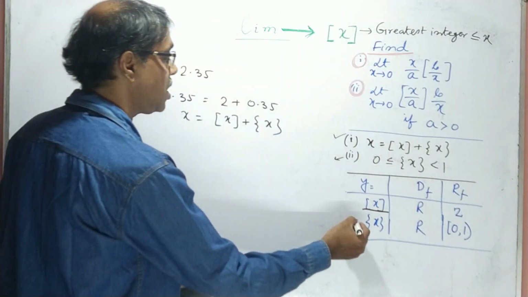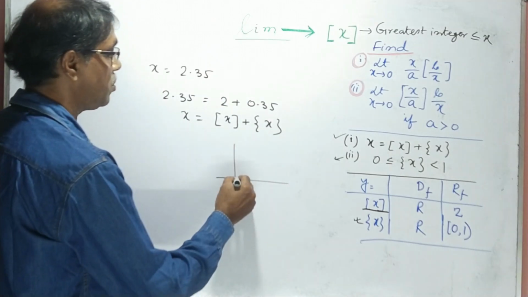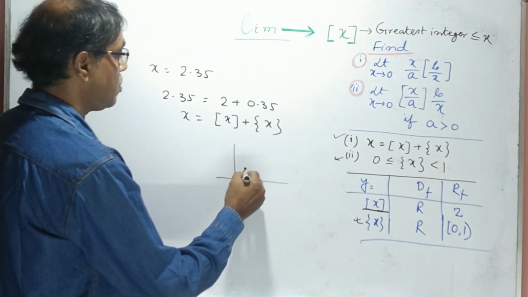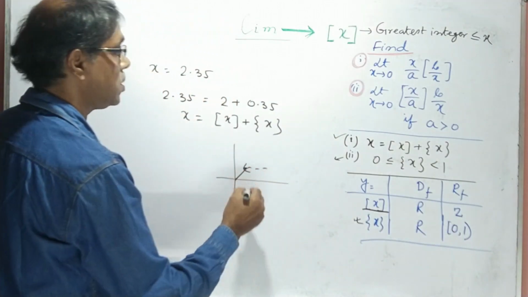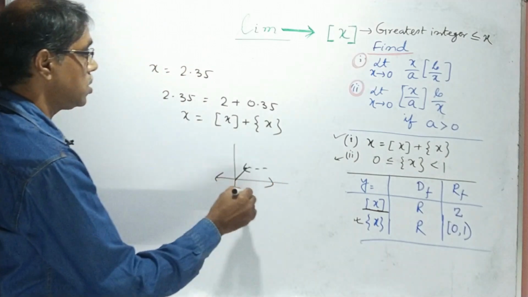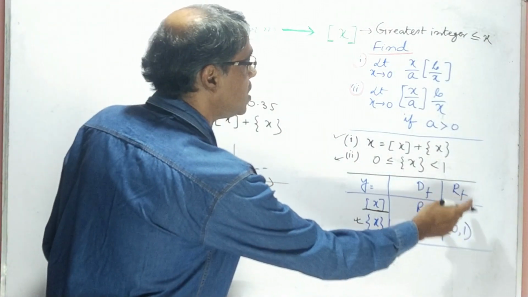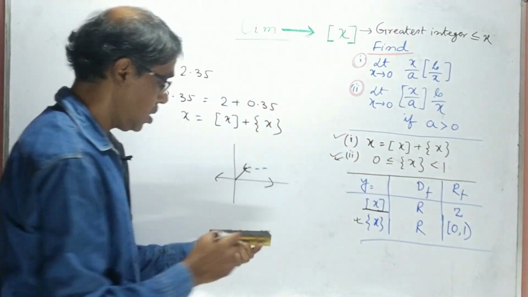Also the fractional part of x, from the graph, is always less than 1 and greater than or equal to 0. The domain is also the real numbers and the range lies between 0 and 1.